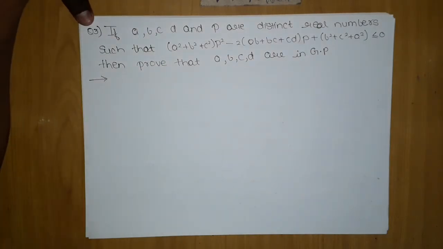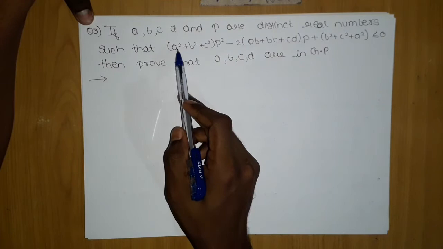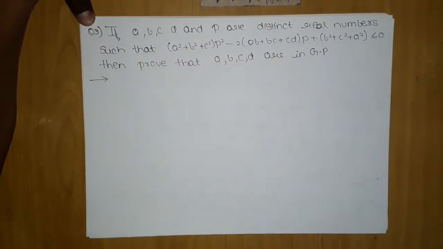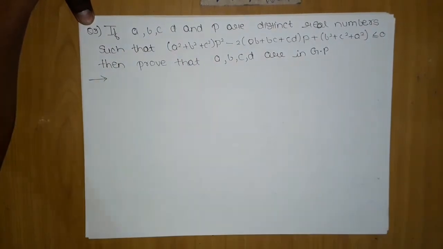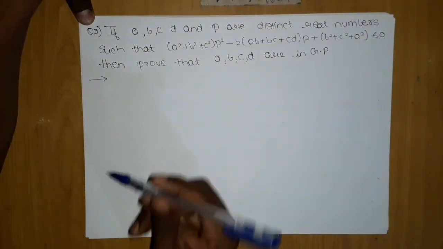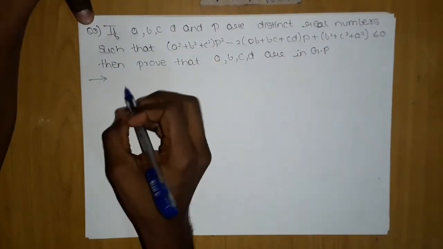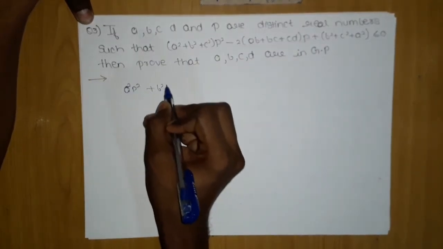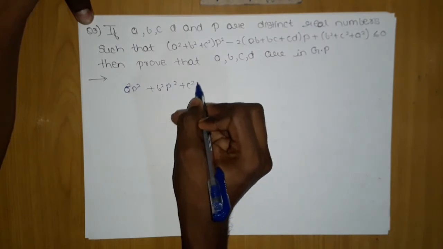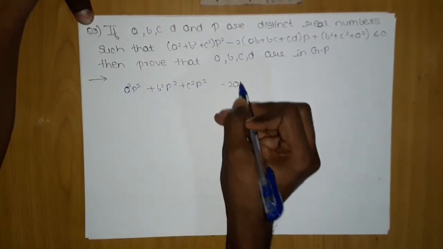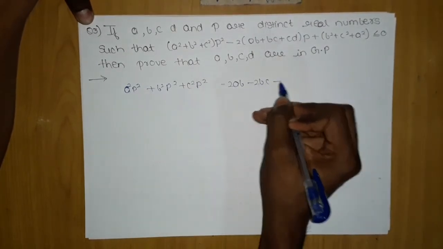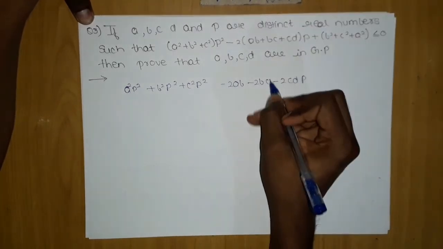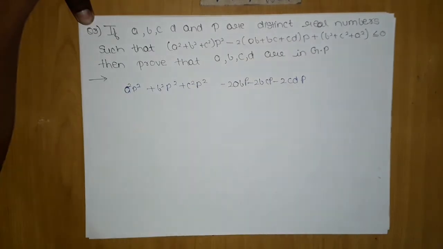Now we can easily see that it is forming, if I take ap minus 2ab plus b square, you can see a plus b the whole square. Let's try to make it. I'm opening it: a square p square, b square p square, c square p square, minus 2ab minus 2bc minus 2cd, all with p.